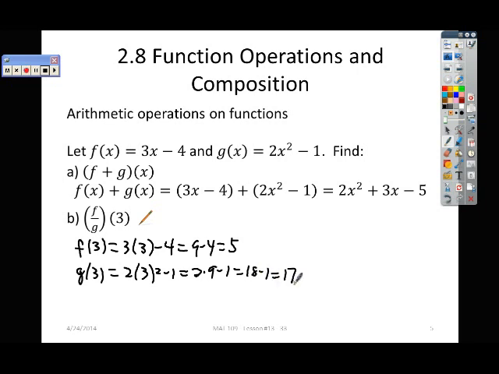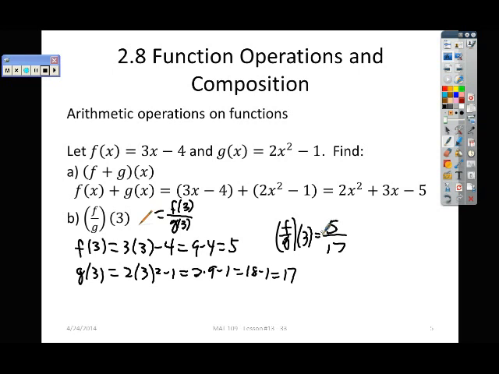Then f of 3 divided by g of 3, because remember, that's literally all that terminology means. So f of 3 is 5, and g of 3 is 17, so f over g of 3 equals 5 over 17.